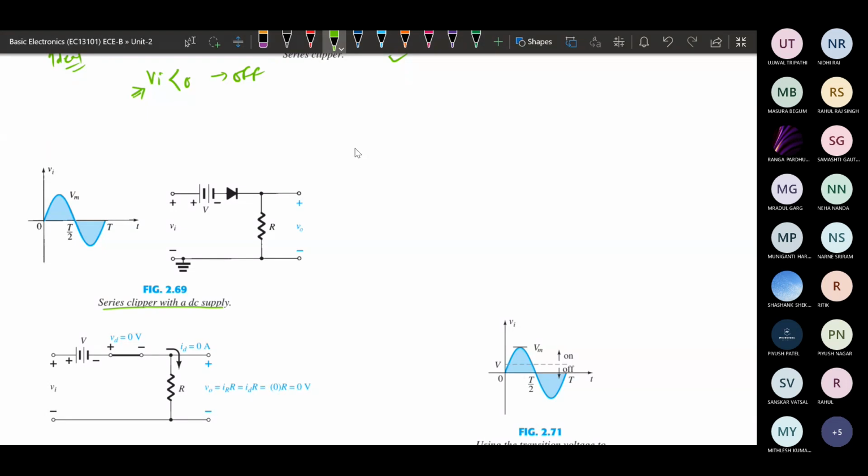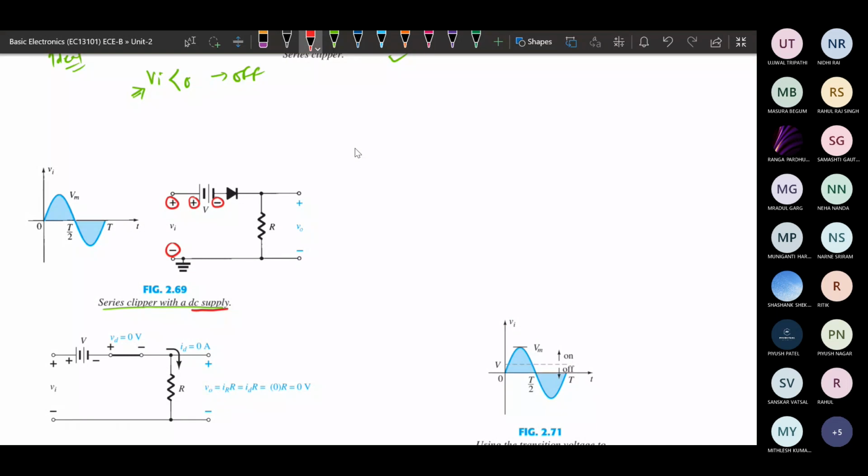This is the input and this is the extra voltage, and you can note down the sign. The sign of the voltage that we are applying is important. This is positive and this is negative for the input voltage. But the DC supply voltage we have applied is in the opposite direction to the input. If we consider KVL, whatever the voltage is there, it is in the opposite direction.